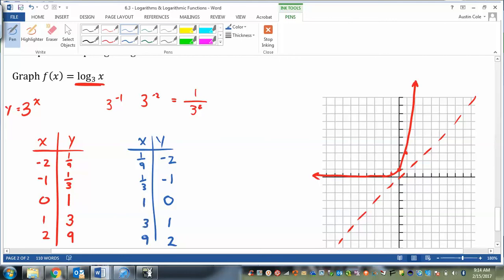And now I'm going to plot those points. So I'm going to start here kind of in the middle because they're a little bit easier. I'm going to do 1, 0. 1, 0 is right there. 3, 1, and 9, 2. I'm then going to do 1/3, negative 1, and 1/9, negative 2.